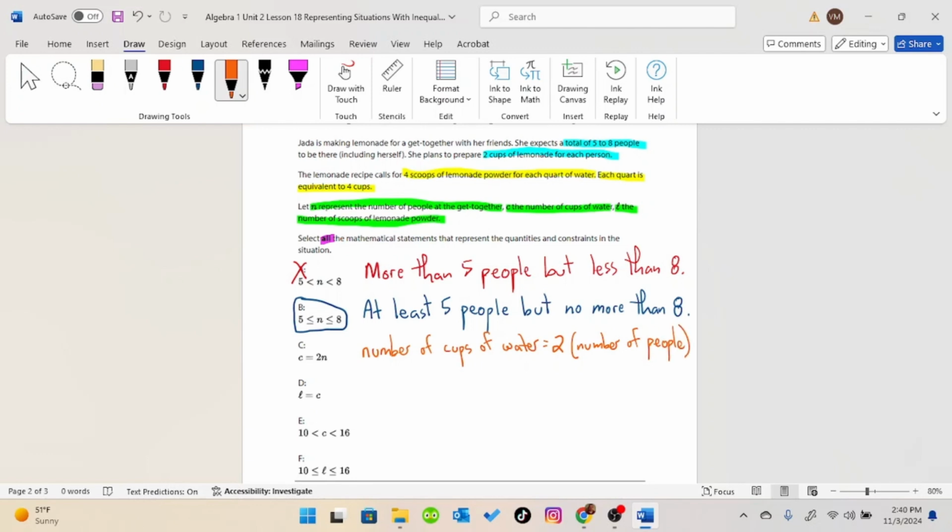Well, if we look back at the story, up in blue we highlighted she plans to prepare 2 cups of lemonade for each person. So if you take each person, you multiply them by 2, that will give you the total number of cups of water that you need. So that is true. C is a correct equation to represent this situation.